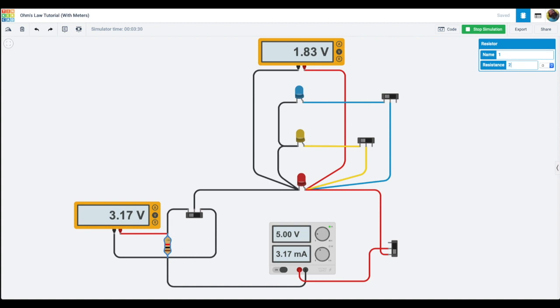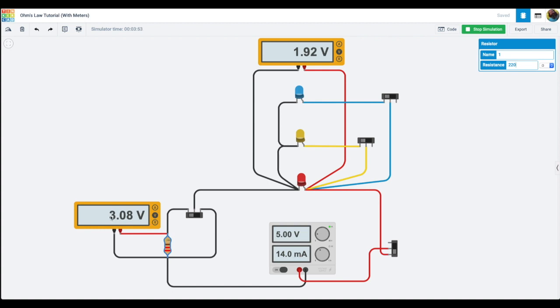So what we try to do is figure out what is a good resistance that will give us an amount of current that's not too much for the LEDs. Now, if I remember right, it was 20 milliamps. So if we want 20 milliamps to be here, we're trying to find the resistance.